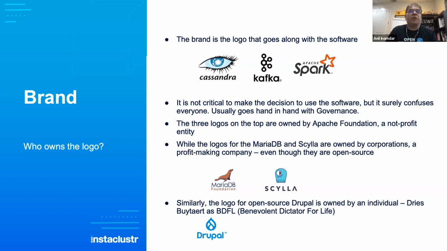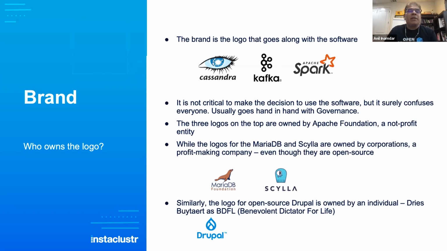It confuses me for sure. It goes hand in hand with governance. The three logos on the top are owned by the Apache Foundation, a nonprofit entity. On the other hand, the logos for MariaDB and Scala are owned by corporations. It's a profit-making company. Even though they are open source software, they are owned by a profit-making company. So these are dynamics we should be careful about.